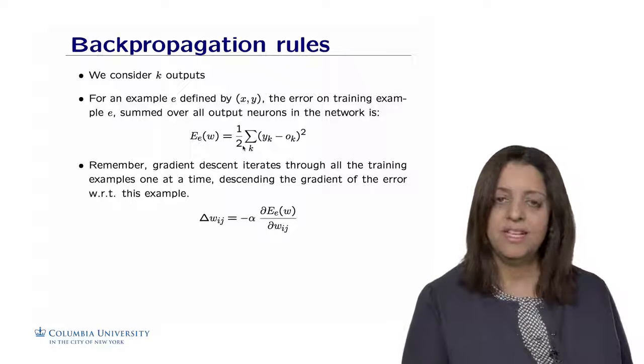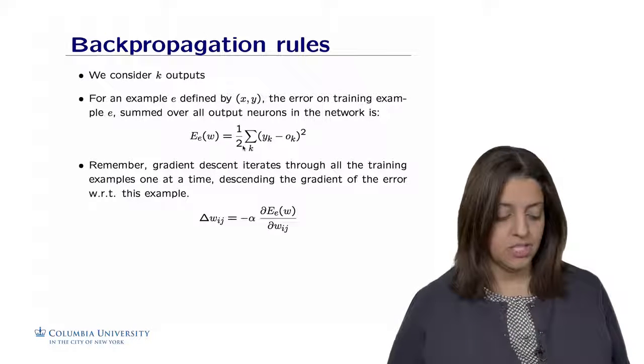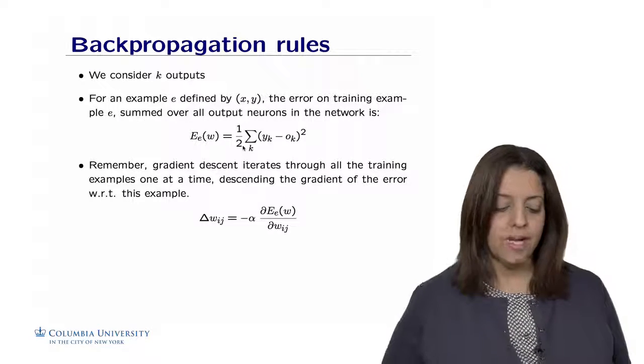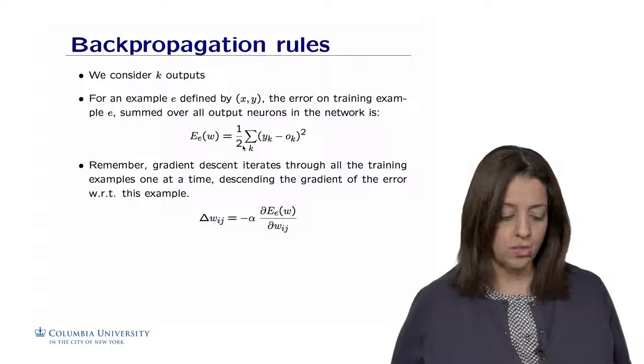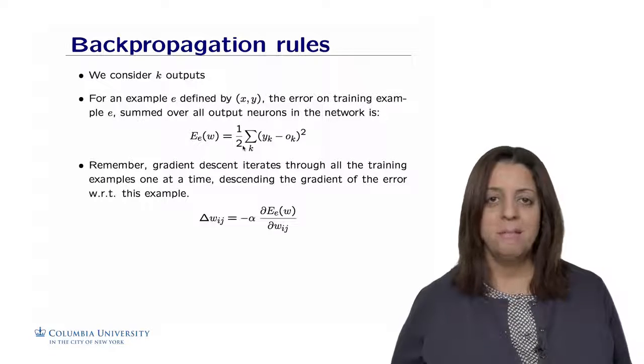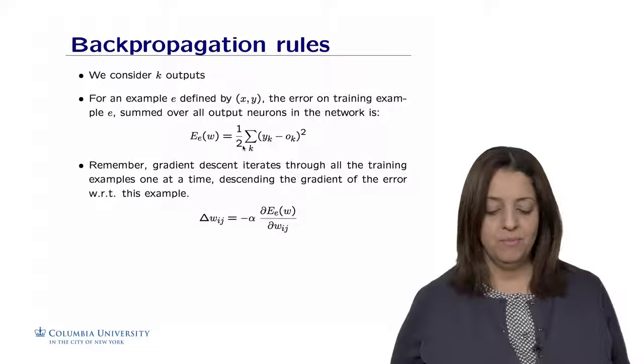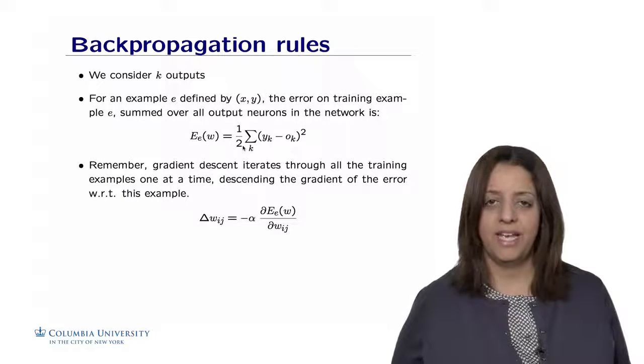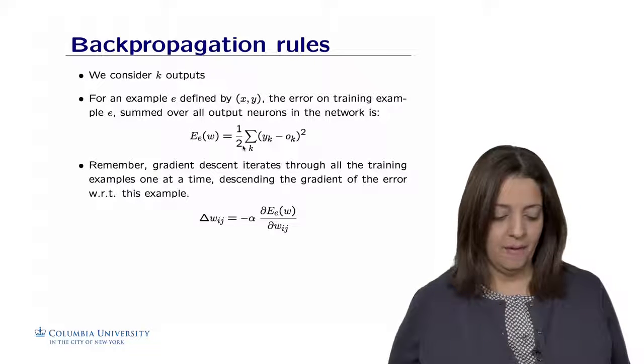You recognize this loss function. Remember, when we use gradient descent, we iterate through all the training examples one at a time by descending the gradients of the errors, so we can update the weights.